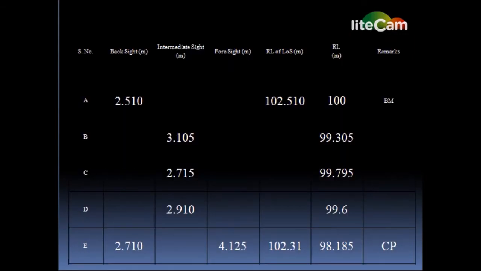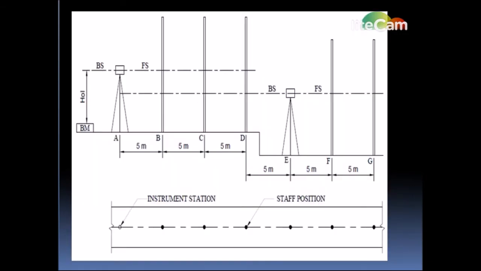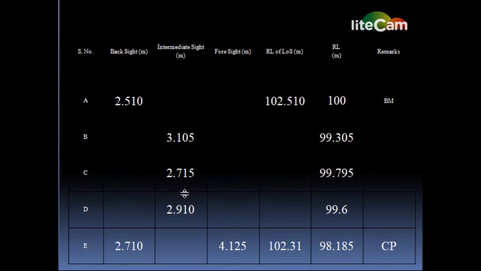We have taken the IS as 3.105, 2.715, 2.910. So we subtract these values from this to get the RL of that particular point: this from this to get RL of B, this from this to get RL of C, this from this to get RL of D.